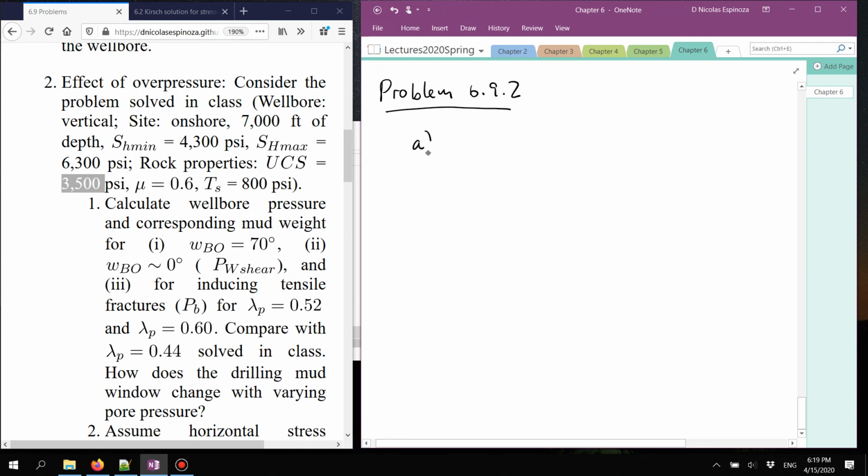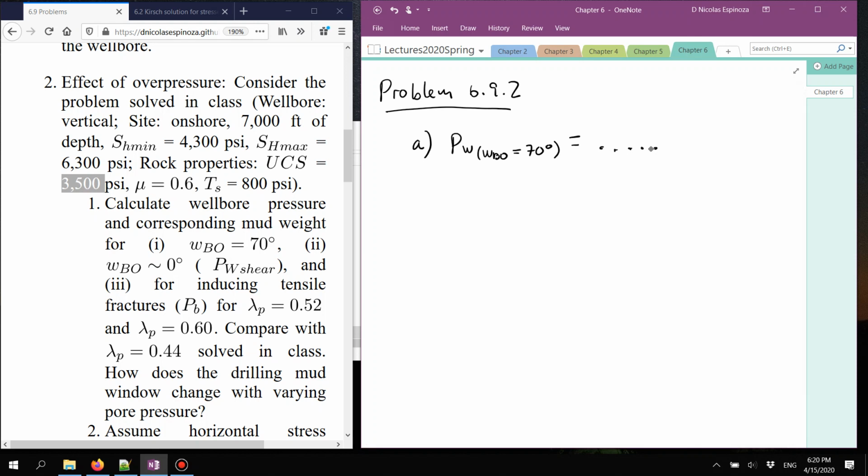for one, or let me call it A, so it's a little bit less confusing. You have to calculate what is the pressure in the wellbore for WBO, or breakout angle, equal to 70 degrees. And let me give you a hint, that's going to be less than 10 pounds per gallon, okay? But you will have to calculate that.